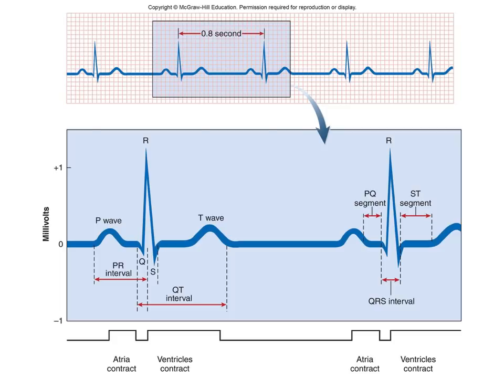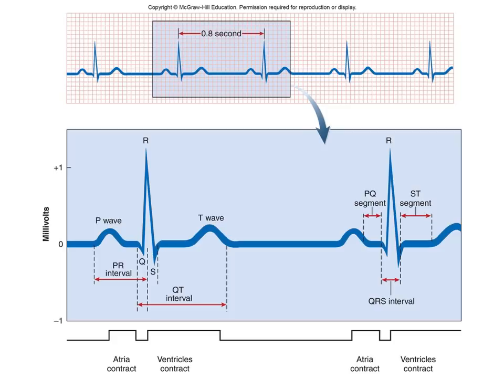So this is the period of time when that subendocardiac conducting network is carrying the action potential through the ventricular cardiac muscle cells from apex towards base. So we're stimulating your ventricles. If you stimulate during the QRS complex, the ST segment, which follows, is when your ventricles are going to contract.